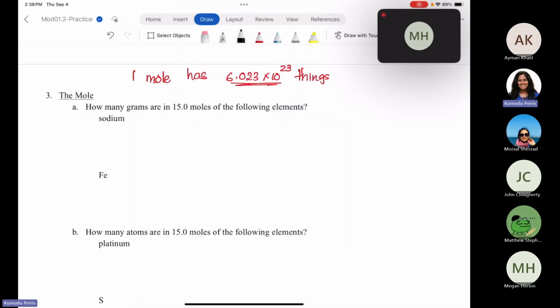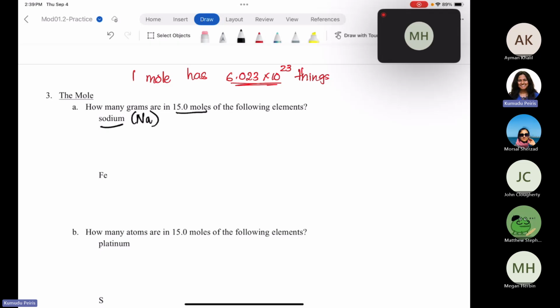How many grams are in 15.0 moles of the following elements? Sodium, right. The symbol of sodium, you should be able to read from the periodic table. It is Na. We'll start with the unit given in the question.